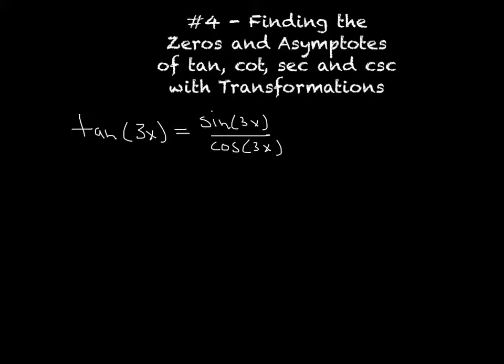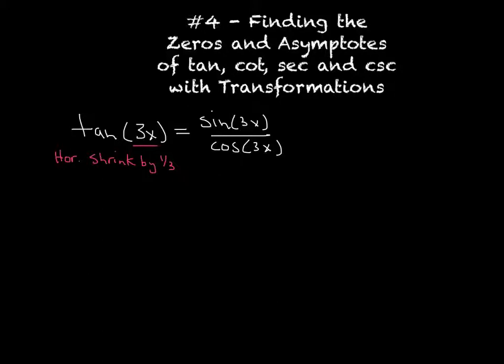Now you have to remember from earlier in the year, what transformation is 3x? Well, that's counterintuitive. It is inside the parentheses, so it must be something horizontal, and it's counterintuitive. So 3x is really a horizontal shrink by 1/3, right? We talked about that at the beginning of the year.